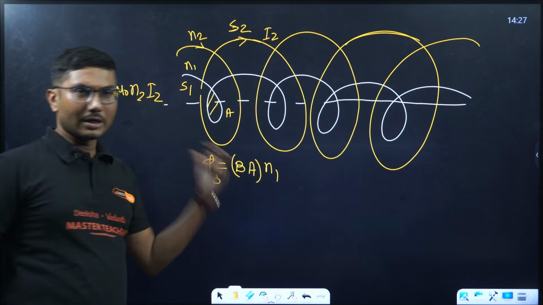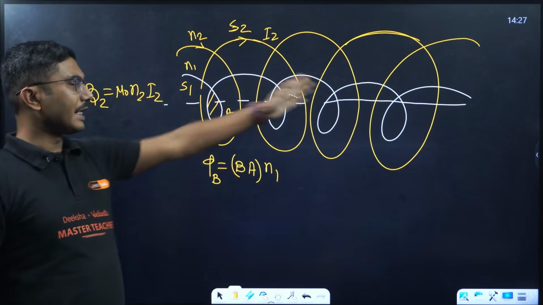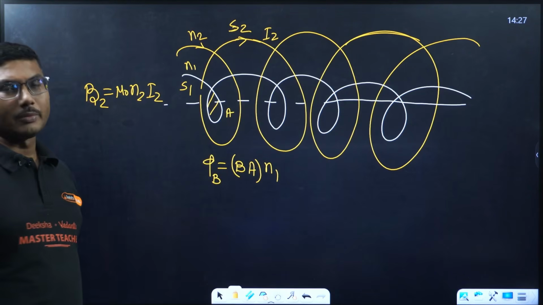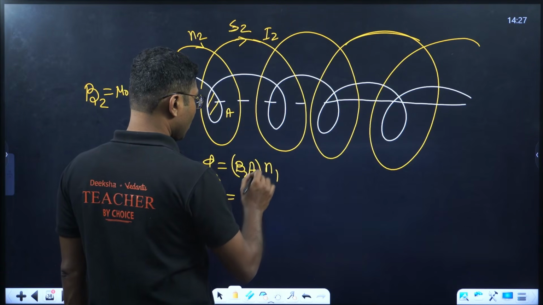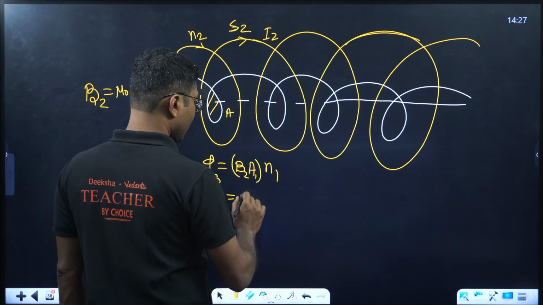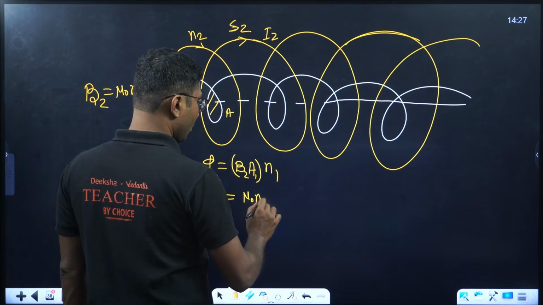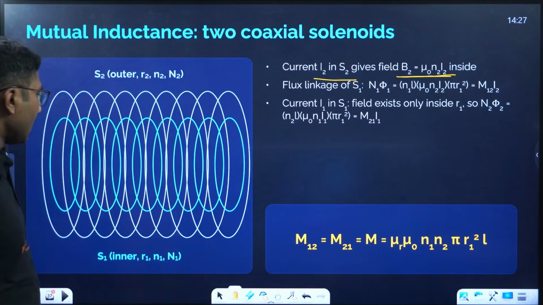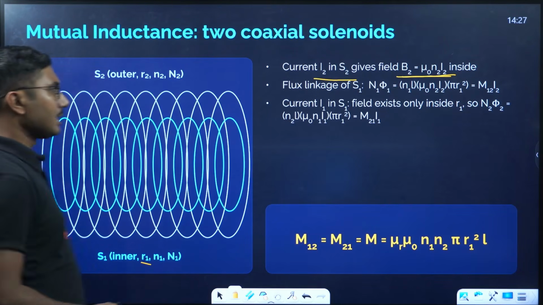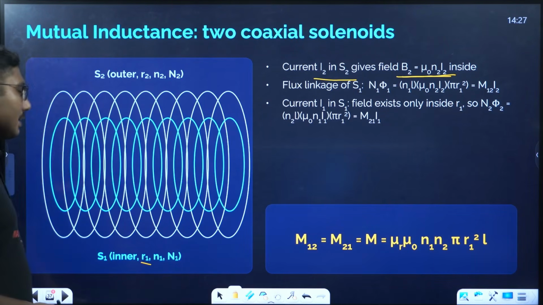For one coil it is B into A, but because there are N turns, you also have to multiply with N1. B is B2, which is mu naught N2 I2, into area. Suppose the radius of this inner part is R1.